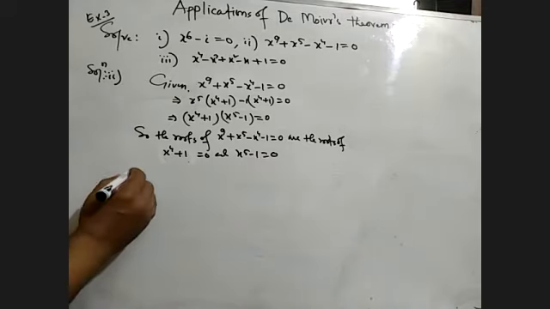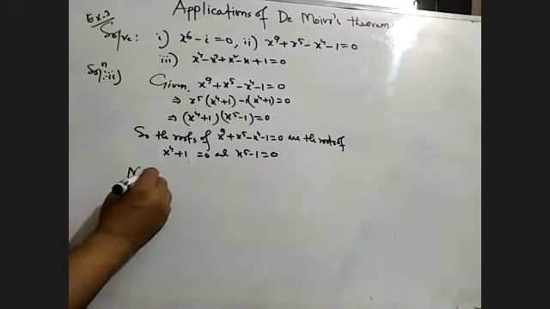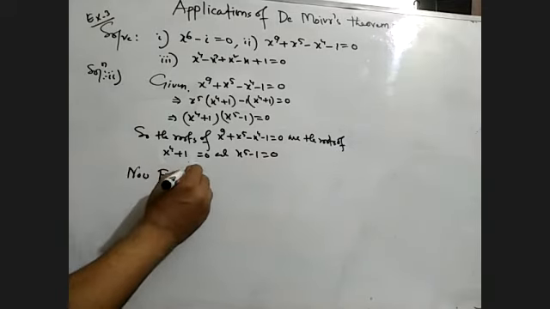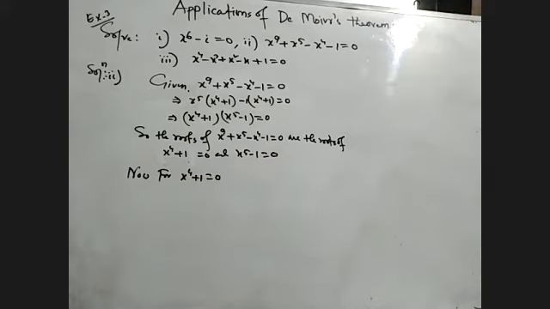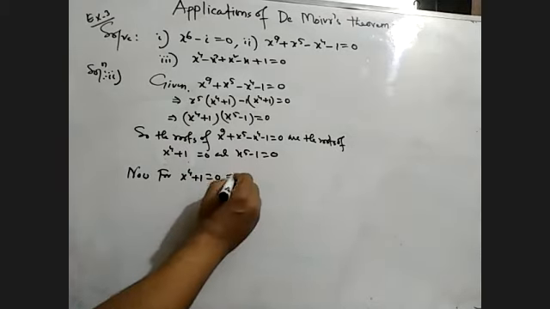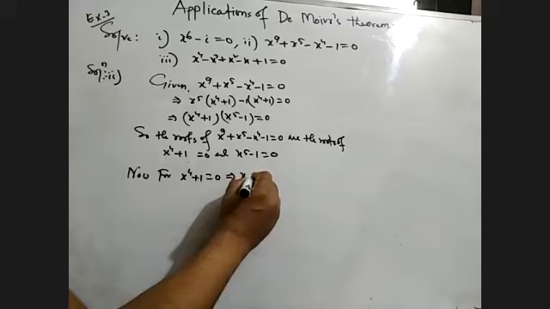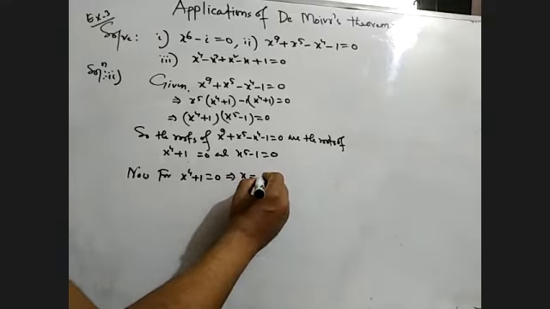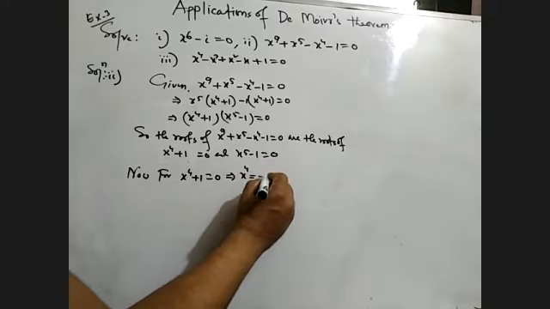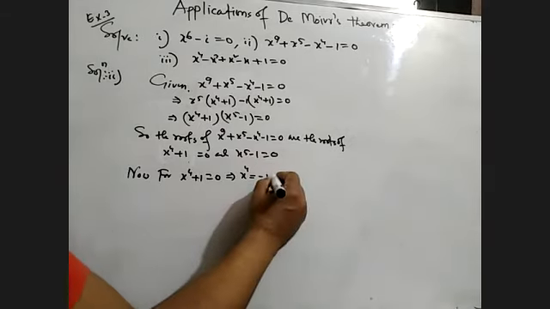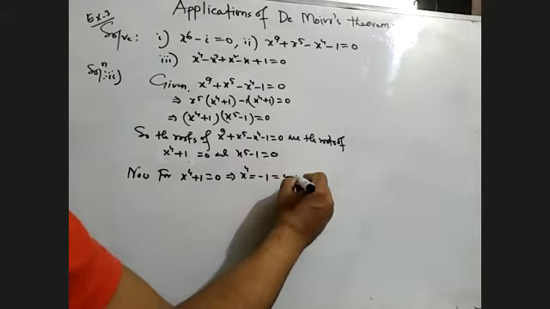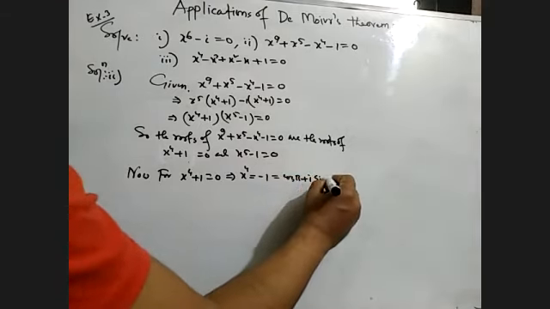So now for x to the power 4 plus 1 equals 0, x to the power 4 equals what will be? Minus 1. This minus 1 can be written as cos pi plus i sin pi.